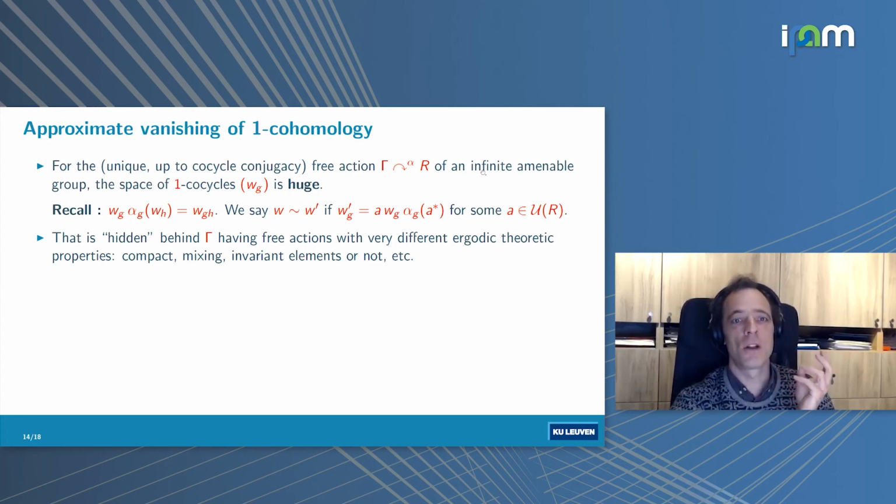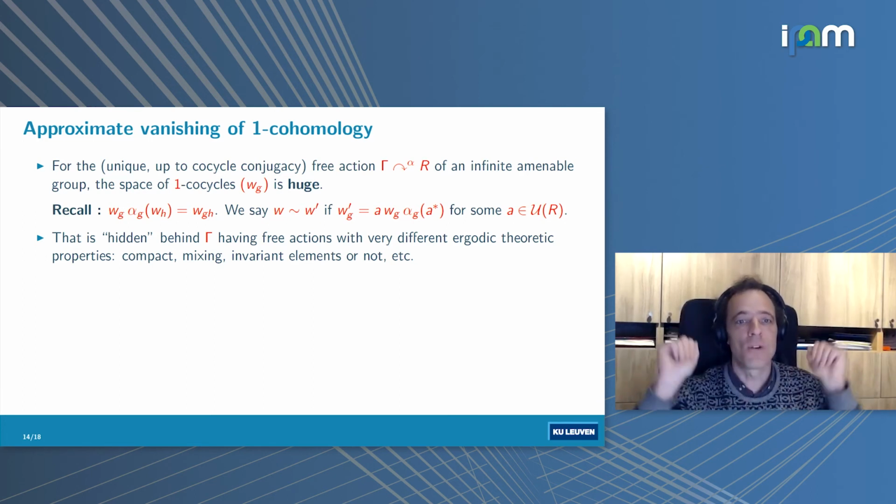And given an infinite amenable group and a free action of it on the hyperfinite II_1 factor, the space of one-cocycles is necessarily huge. Of course, because gamma may act in many different ways, but yet all cocycle conjugate.